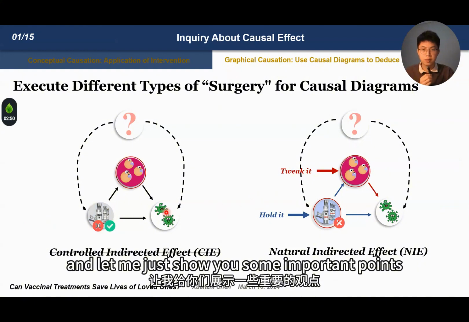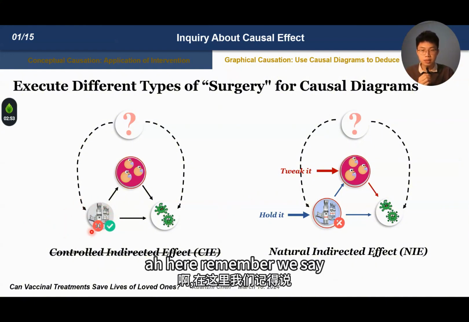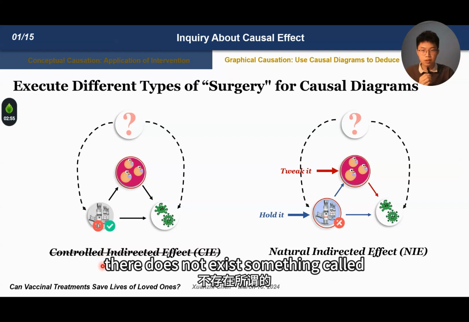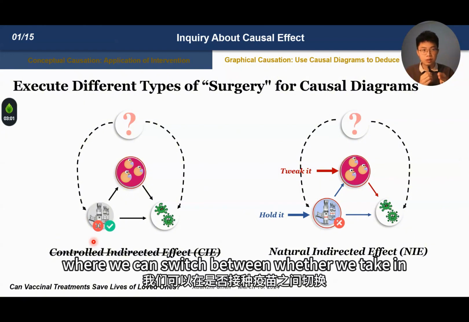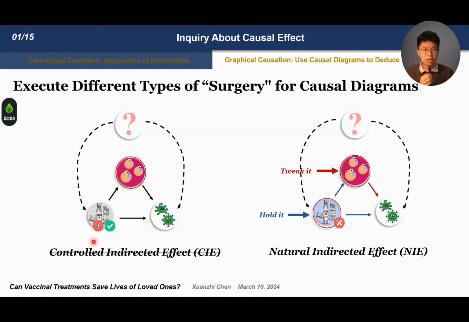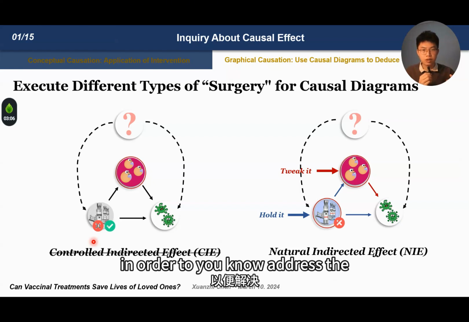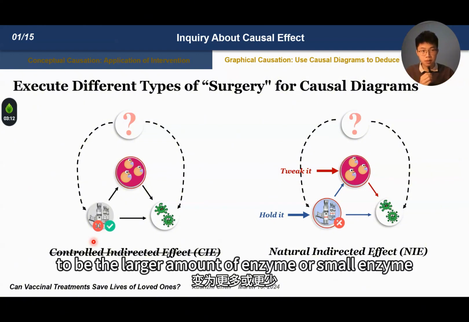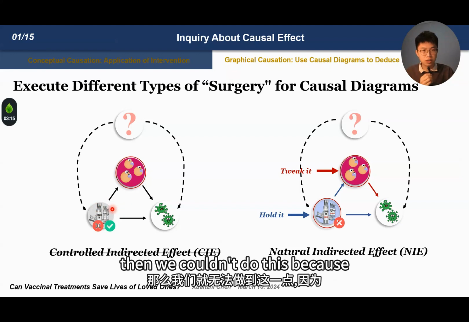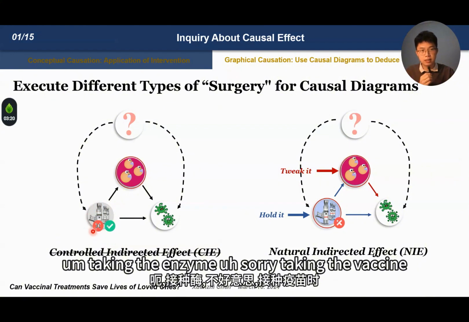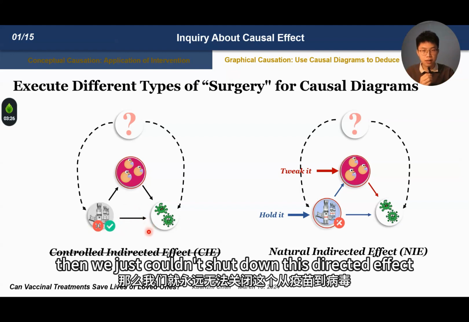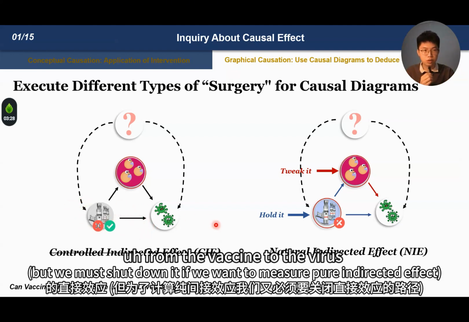Let me just show you some important points. Here, remember we say there does not exist something called a controlled indirect effect, because if we are looking for a situation where we can switch between whether we take a vaccine or not in order to address the amount of enzyme, to be a larger amount of enzyme or a small amount of enzyme, then we couldn't do this, because when we are trying to control taking the vaccine, we just couldn't shut down this direct effect from the vaccine to the virus.